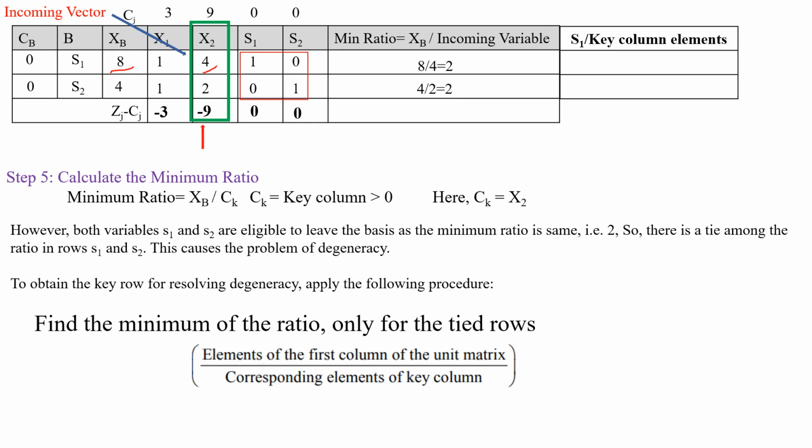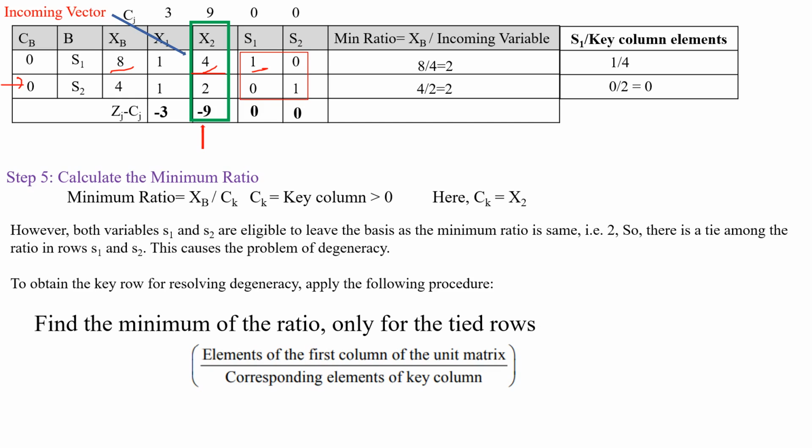Here for the S1 row, the S1 element is 1 and the key column element is 4. Then the ratio will become 1 by 4. Similarly, we calculate for the second row, the S2 row. For the S2 row, the S1 value is 0 and the key column element is 2. So 0 by 2 will become 0.